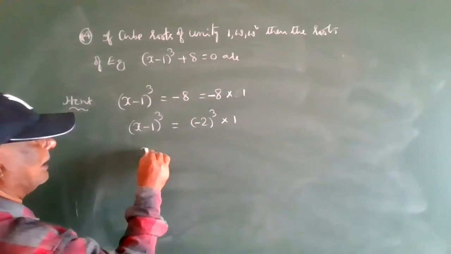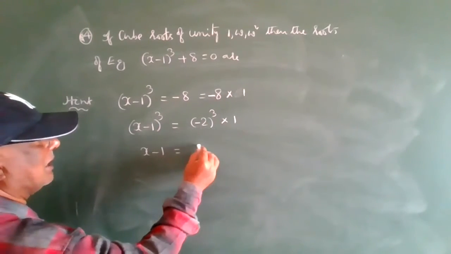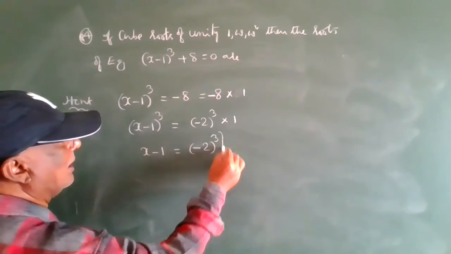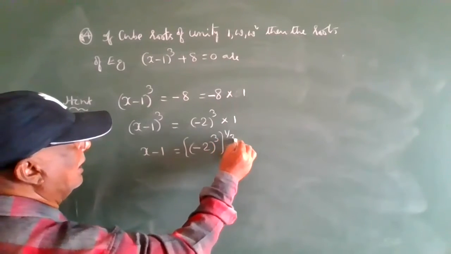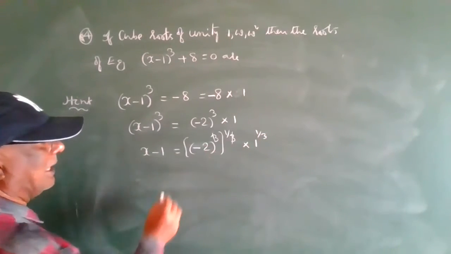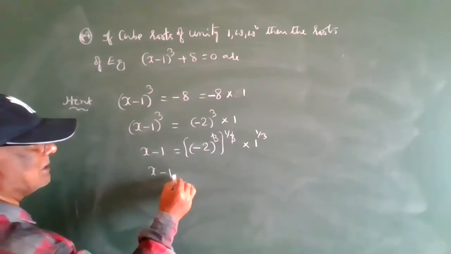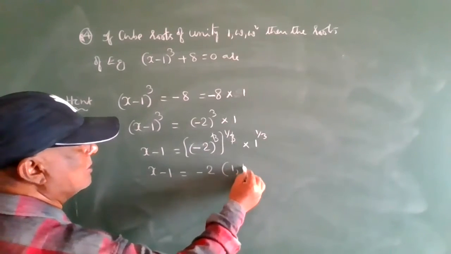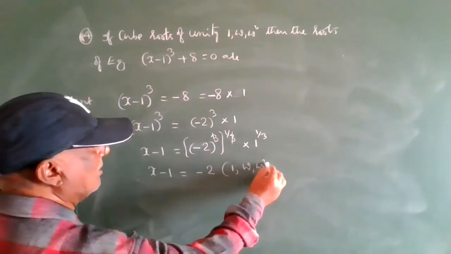So now take x minus 1 is equal to (minus 2) cube whole power of 1 by 3 into 1 power of 1 by 3. The 3s cancel. X minus 1 is minus 2 into the cube roots of unity values 1, omega, omega square.